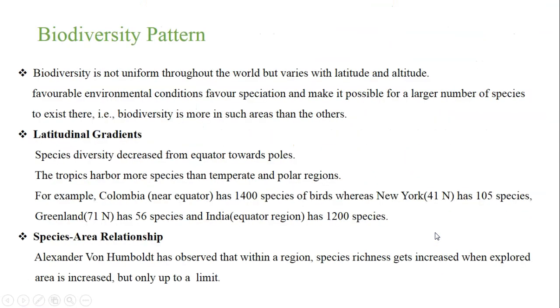Let us see about the biodiversity pattern. Biodiversity is not uniform throughout the world, but varies with latitude and altitude. Latitude and altitude play the major role in causing biological diversity, because different latitudes and altitudes have different climates.